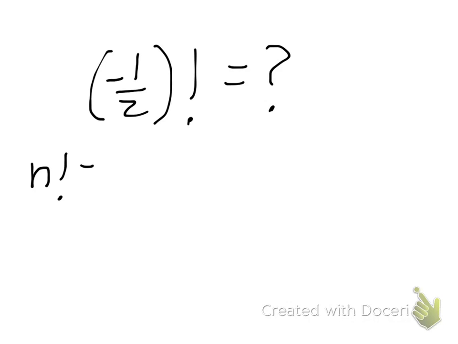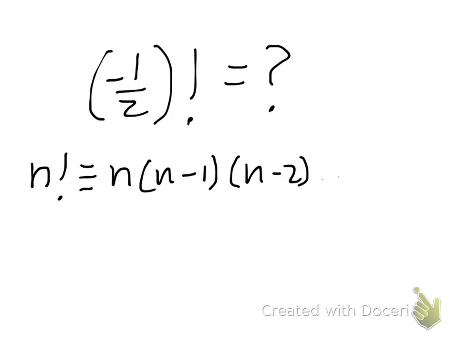Some integer n is defined to be itself times itself minus 1 times itself minus 2, dot dot dot, all the way down to 1. So, for example, 3 factorial would be 3 times 2 times 1, and then you stop, which would be 6.